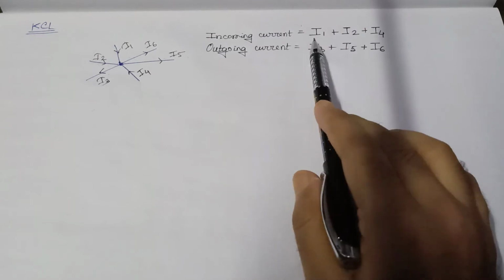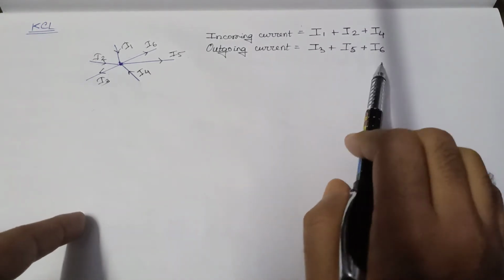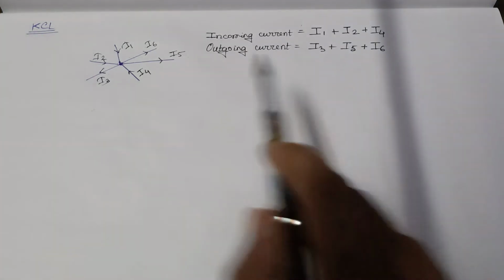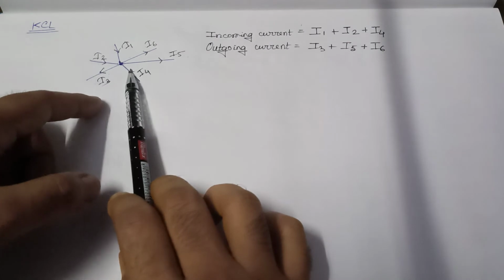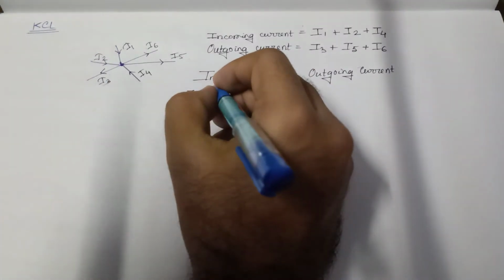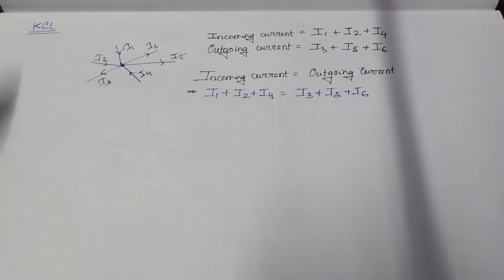So incoming current equals I1 plus I2 plus I4, and outgoing current equals I3 plus I5 plus I6. From the pipe convention, we can consider that here also the net incoming current is equal to the net outgoing current, like this.